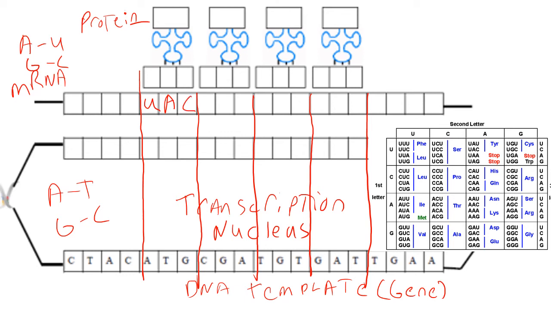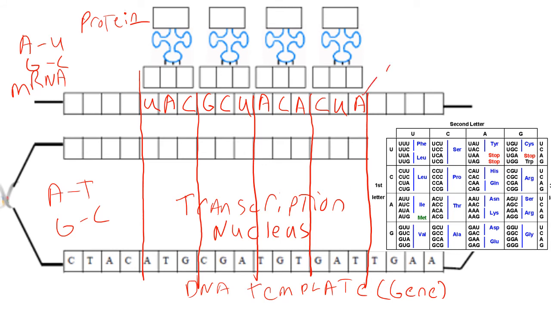G with C, C with G, G with C, A with U, T with A, G with C, T with A, G with C, A with U, and T with A.